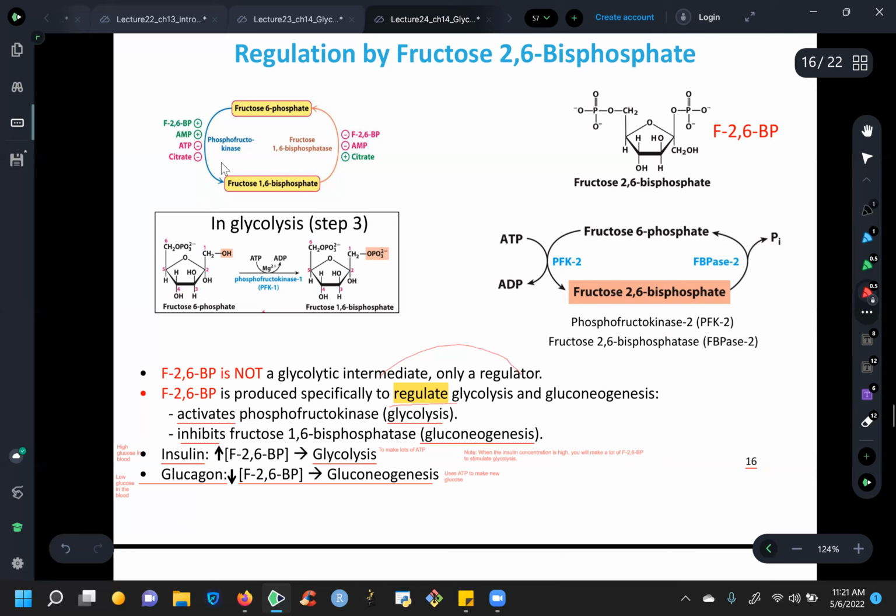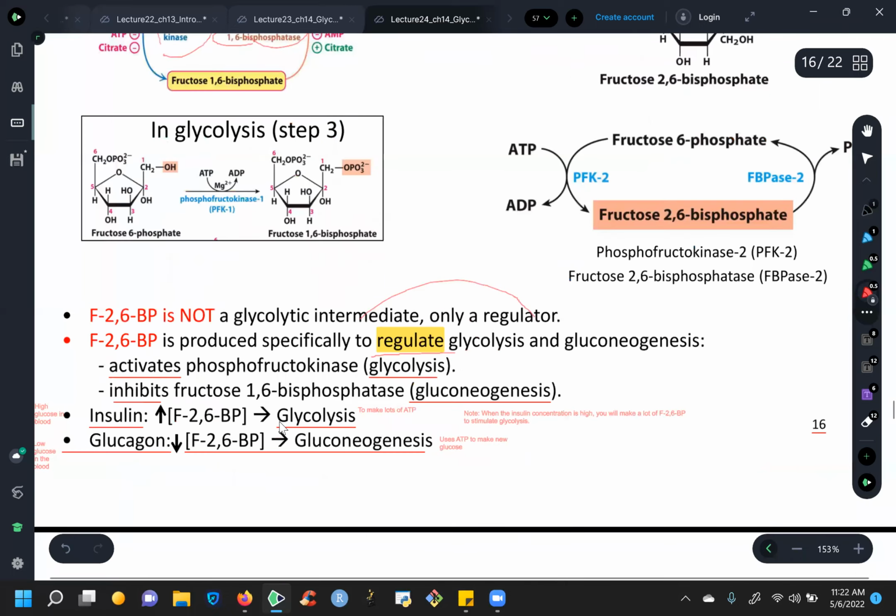So it activates this enzyme and it inhibits this enzyme. Okay, and that's fructose 2,6-bisphosphate. It's used for regulation of the glycolysis and gluconeogenesis pathways. It promotes glycolysis and it inhibits gluconeogenesis.